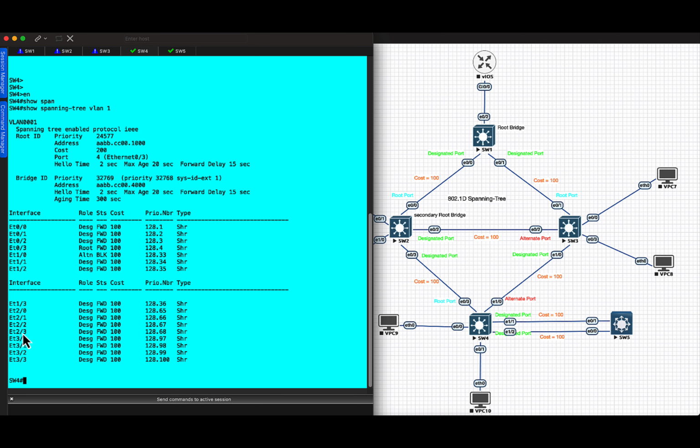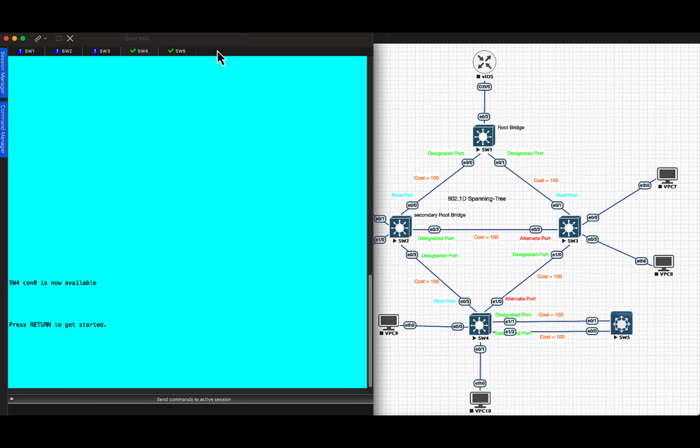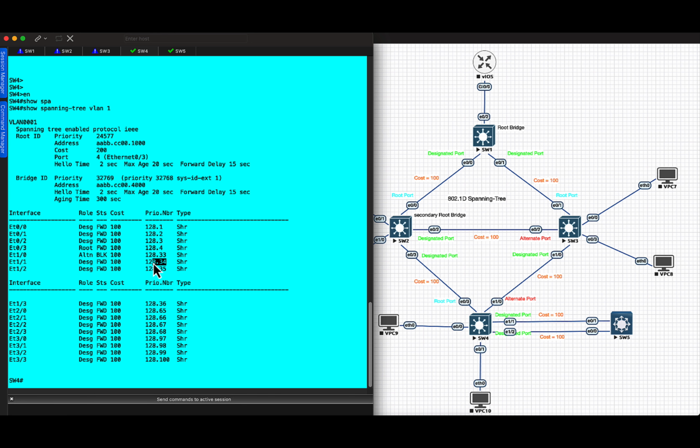So E1/2, the priority is 128.35, right? And if switch 5 uses E01 to get to switch 4 neighbor, and that's connected to switch 4 E1/1, the priority is 128.34, which is lower, right? Which is lower than this guy.